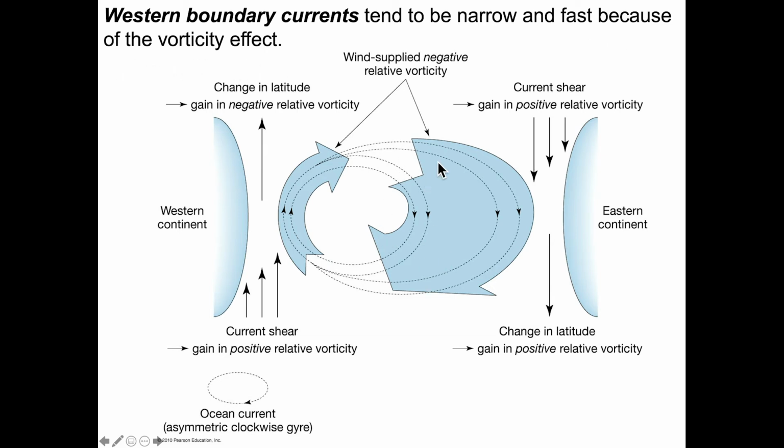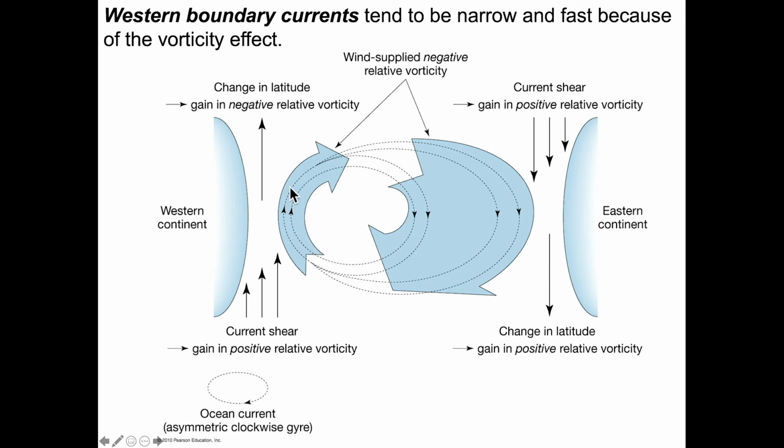So again, here we use the North Atlantic because that's what most of us are most familiar with. The western continent would be North America. The eastern continent would be Europe and North Africa. The net result is we have this big gyre rotating in the North Atlantic. As it approaches the continent of North America, it's going to increase in latitude.